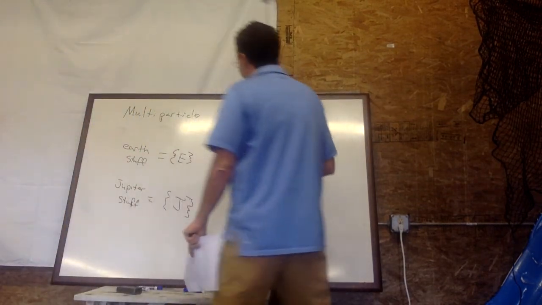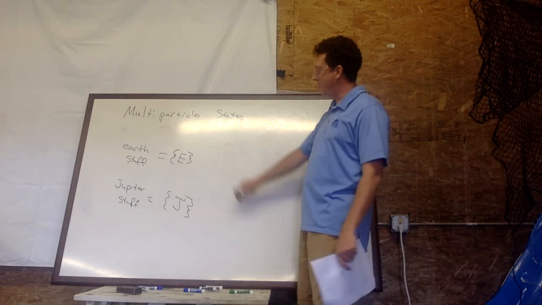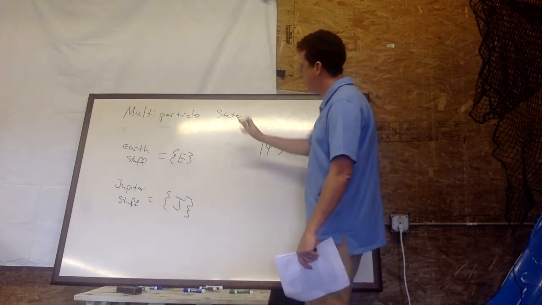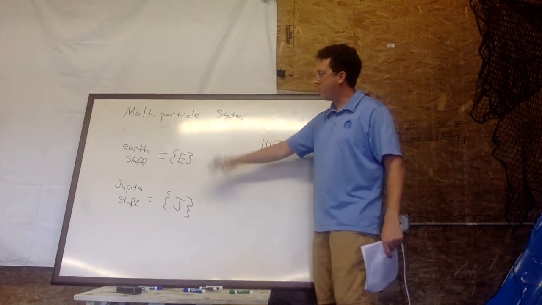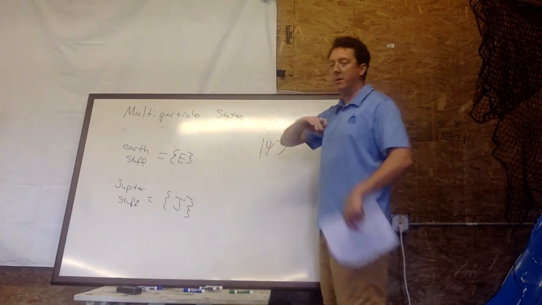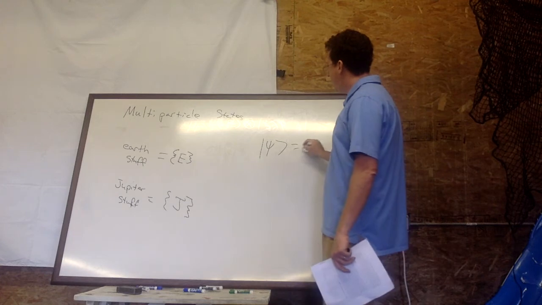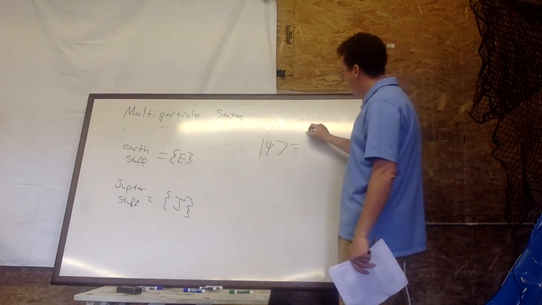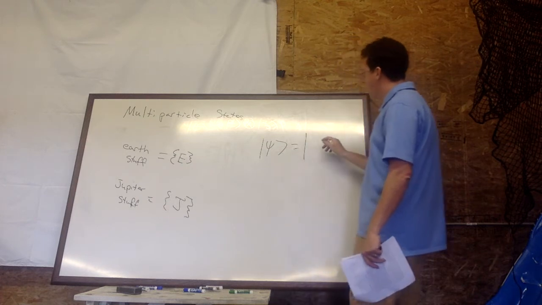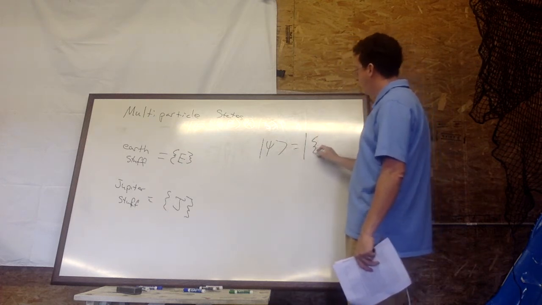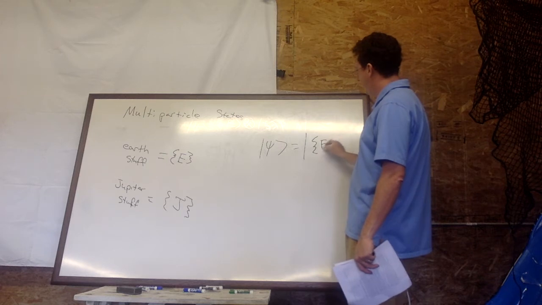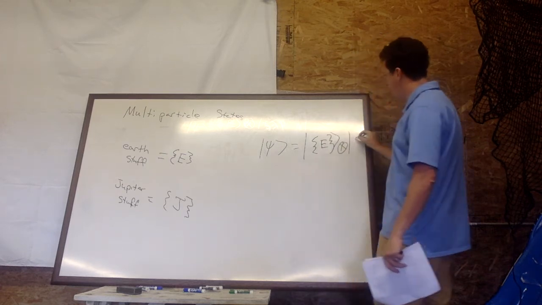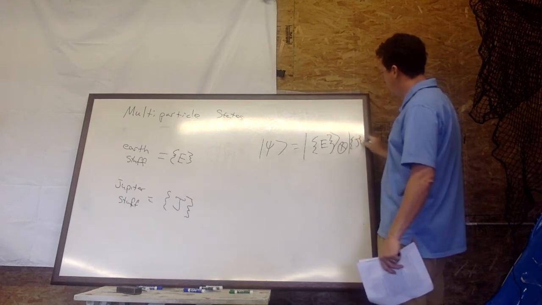So if I want to have the Jupiter-Earth system and find a state psi which describes stuff on the Earth and Jupiter, then I can express that, or at least a basis of states, as something from Earth tensor something from Jupiter.